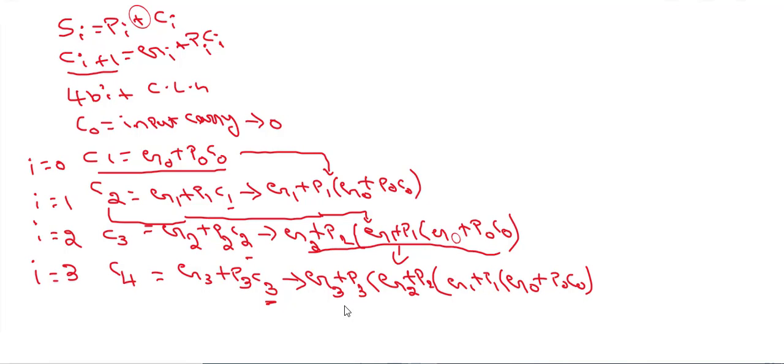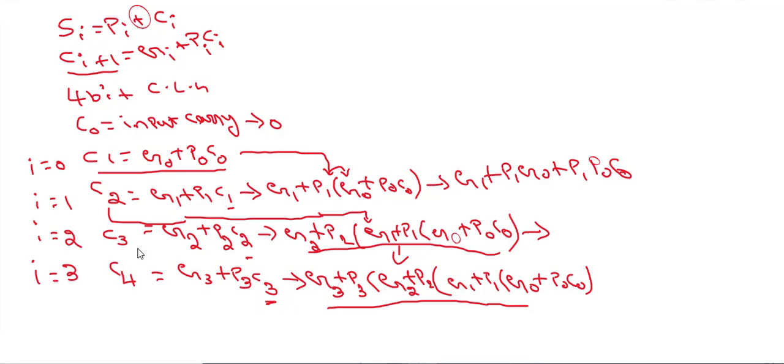If you expand all of this, you will get the final equation. Expanding C2, you get G1 plus P1 G0 plus P1 P0 C0, since you multiply P1 with the whole term.